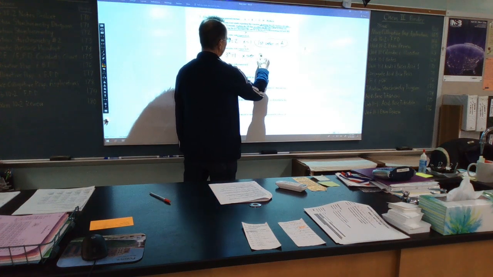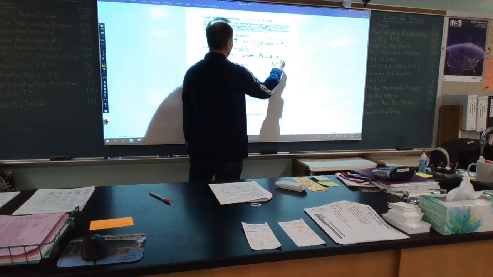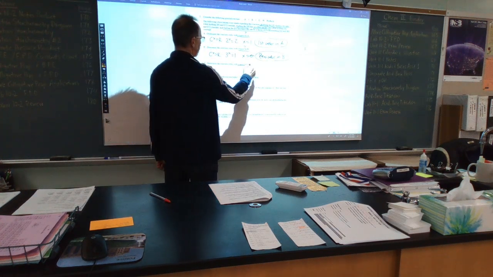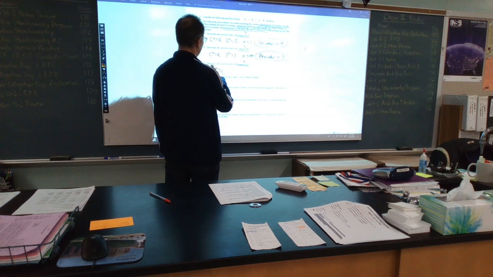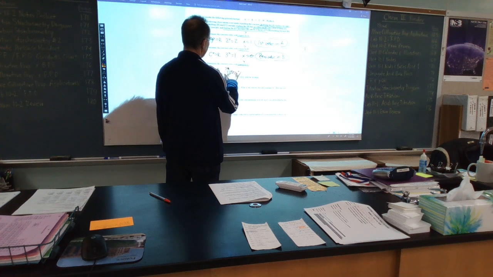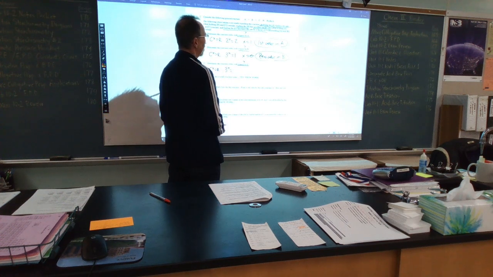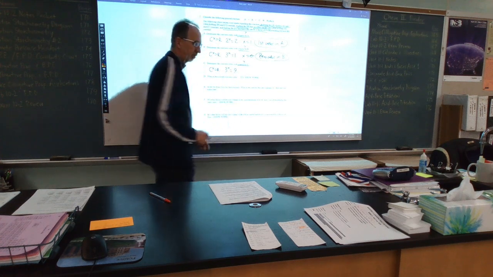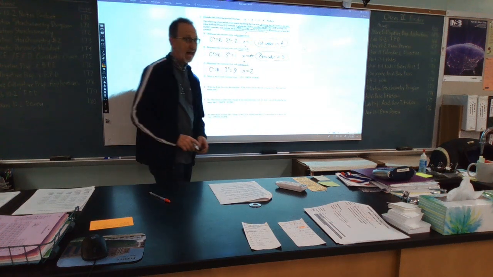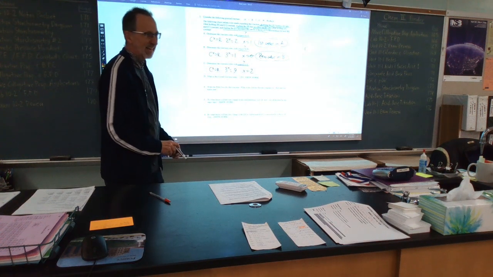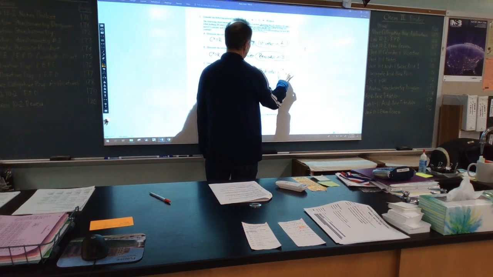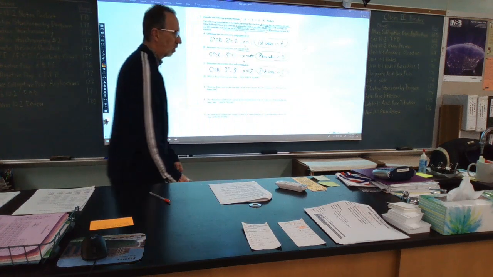X equals 0. 0 order in B. Determine the reaction order with respect to C. C to the X equals R. Tripling the concentration of C, so 3 to the X, increases the rate by a factor of 9. So R equals 9. 3 to the X equals 9, X equals 2. Not 3, 2. It's an exponent, remember? So this is second order in C. Second order in C.